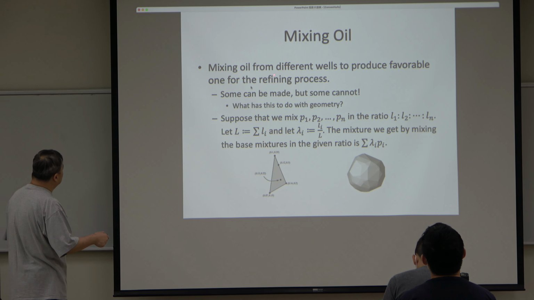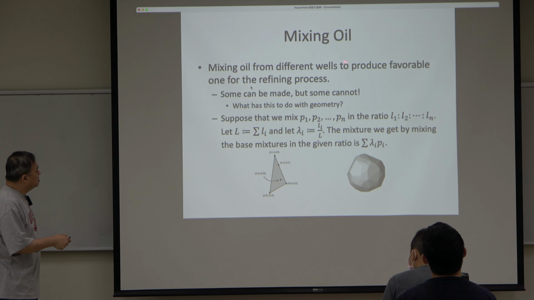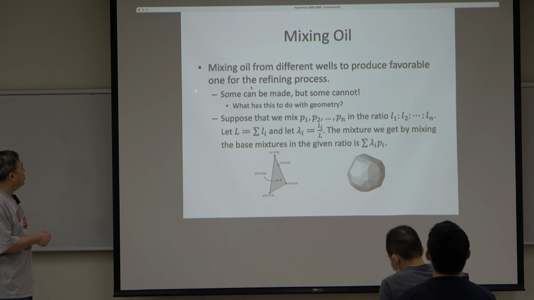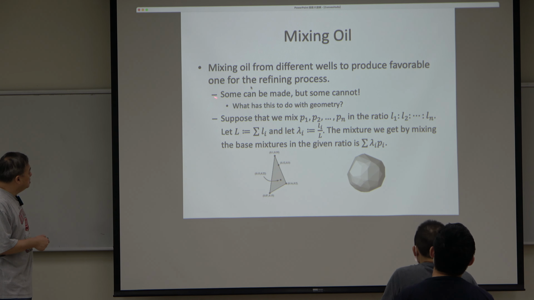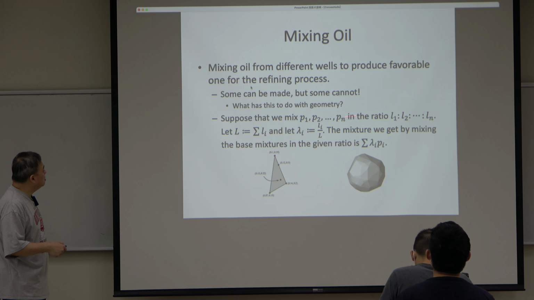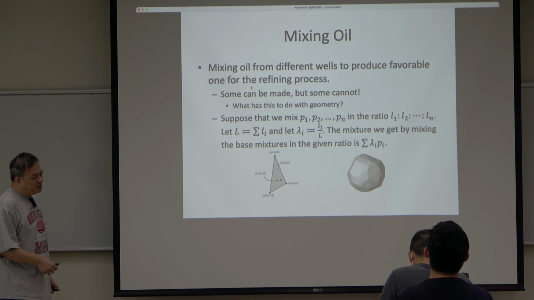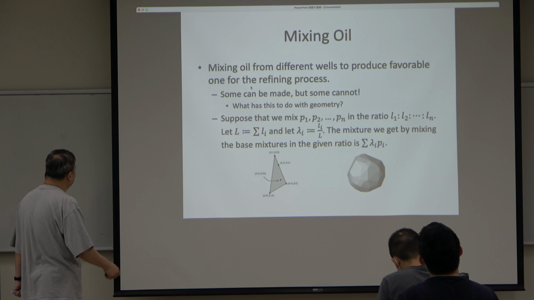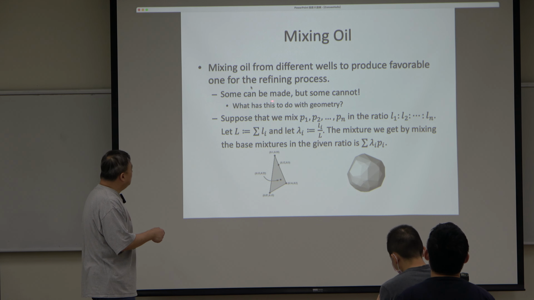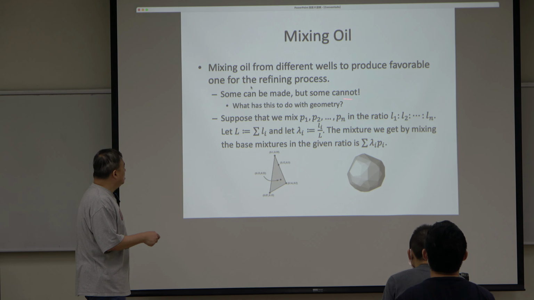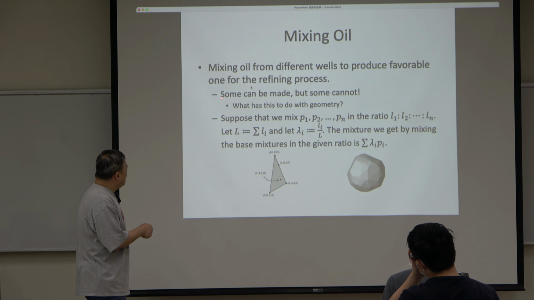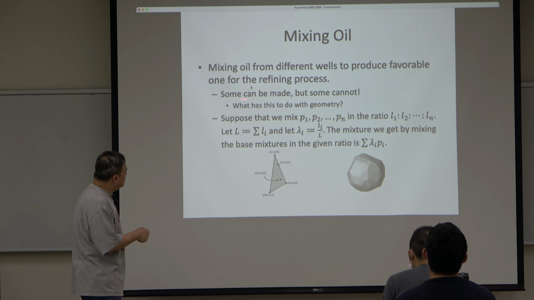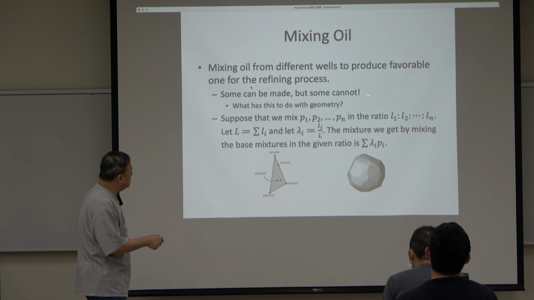For example, they can mix different oil from different wells to produce a favorable one for the refining process, which is very important in oil refinement. So we know some can be made, but some cannot. Normally we don't consider this problem geometrically, but we could.